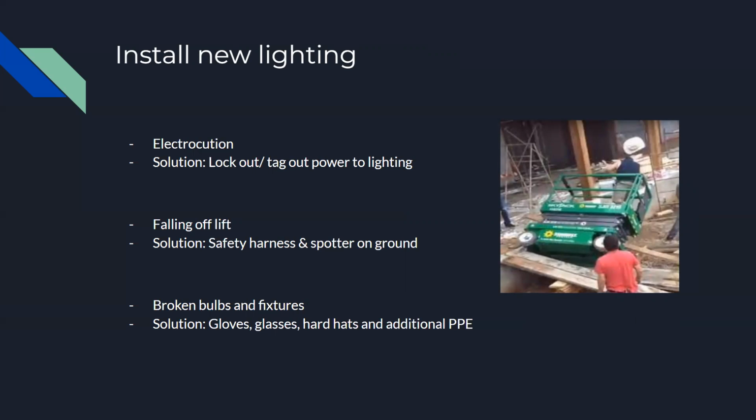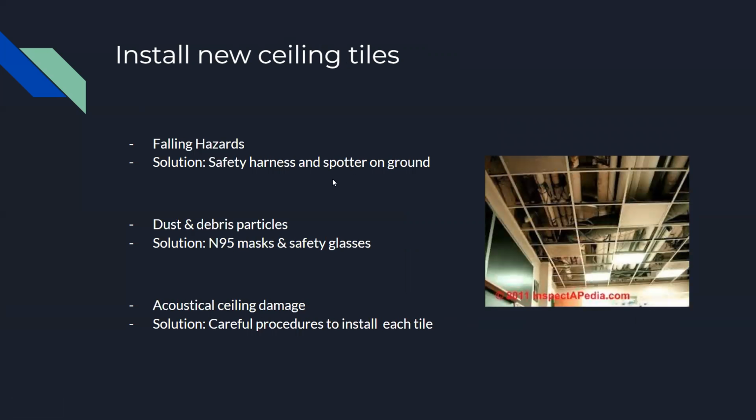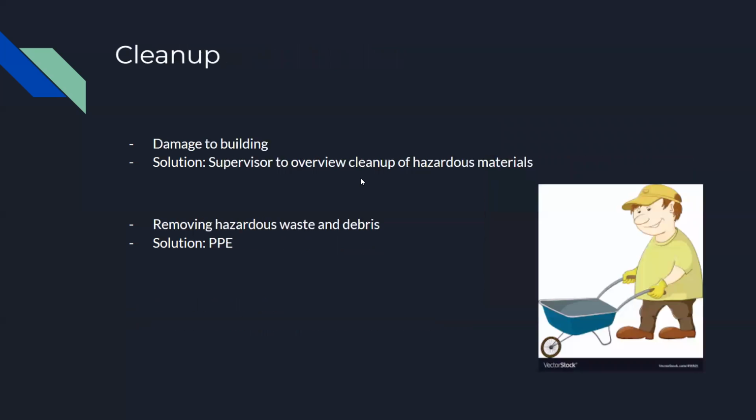For falling off lifts, as we said, you need a spotter and a harness. Stay safe. For broken fixtures, always wear your PPE. Pretty much we're going to be repeating this across the whole area: spotters, safety glasses, harness, N95 masks, and being careful around the tiles.